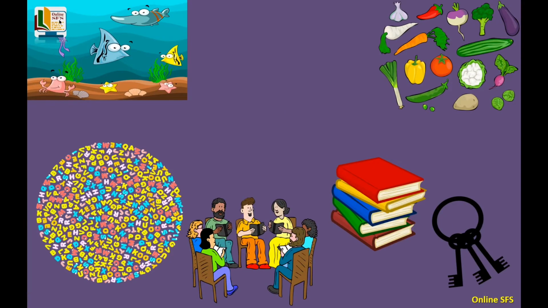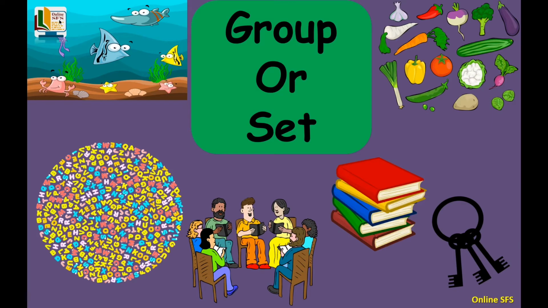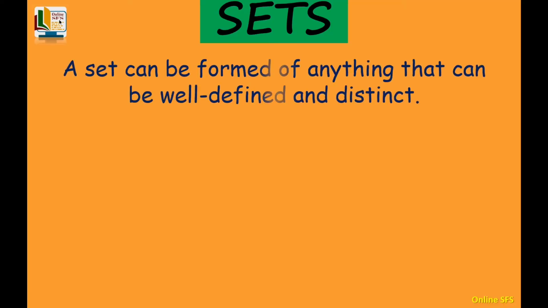So students, as you just saw, all these items were groups or sets of identical objects, which means that each set or group had only those items or objects which belonged there. Therefore, we can say that a set can be formed of anything that can be well defined and distinct.